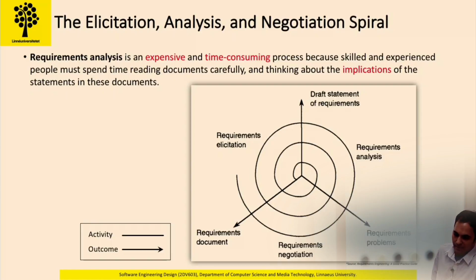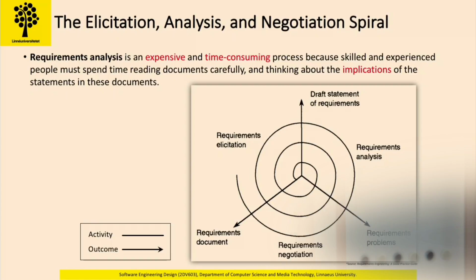There is another critical and important figure for requirements elicitation and negotiation. Again, I present it as a spiral. As you can see, it has 3 different activities: requirements elicitation, requirements analysis, and requirements negotiation.